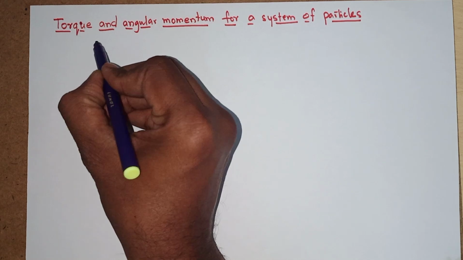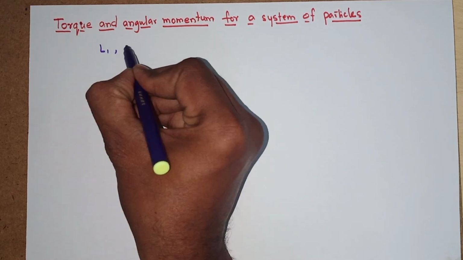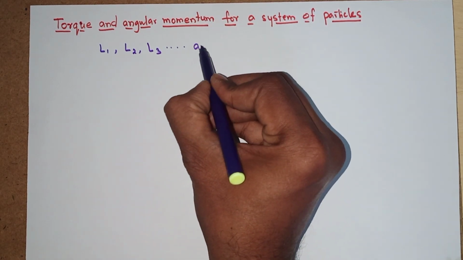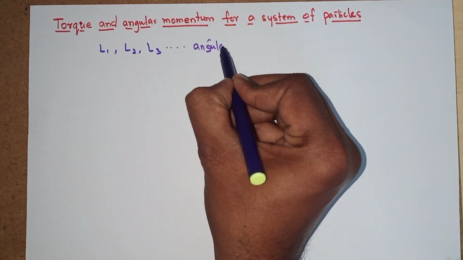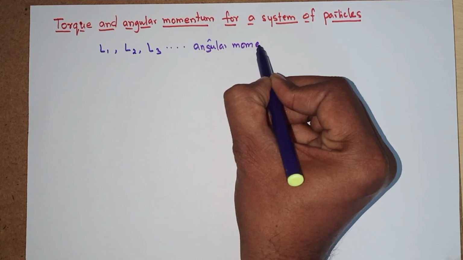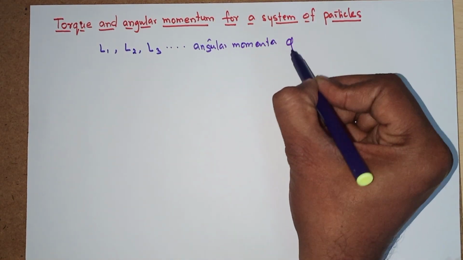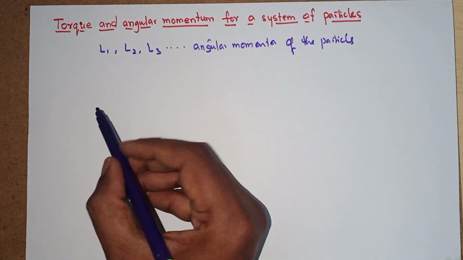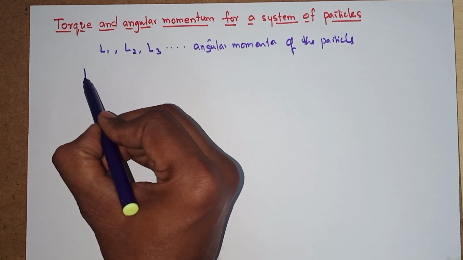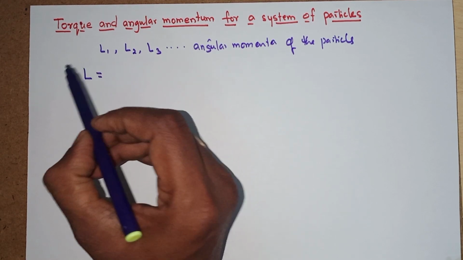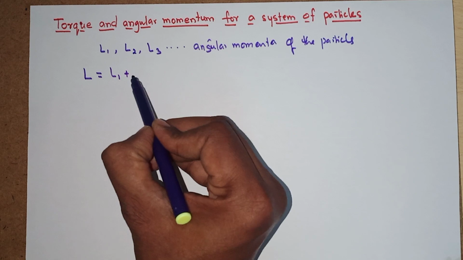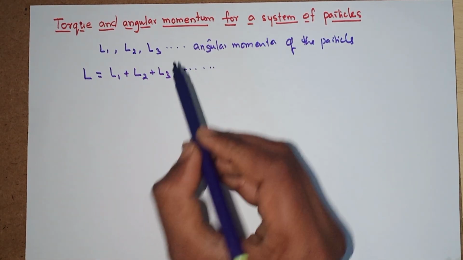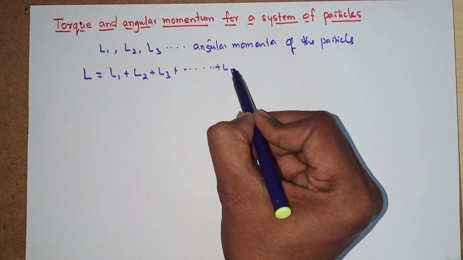Suppose L1, L2, L3 are the angular momenta of the particles, then the total angular momentum of the system of particles is equal to L1 plus L2 plus L3 plus so on up to Ln for n particles.